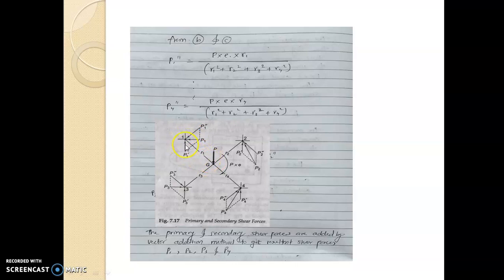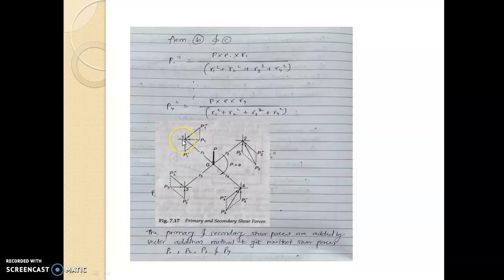So R1 is the radius and this is the perpendicular: P1 double dash is perpendicular to R1. So P1 double dash is calculated like this. P1 is calculated horizontal. Here P2 is calculated vertical. P4 is calculated vertical. P3 is calculated horizontal in the positive x direction, and P1 is in the negative x direction.